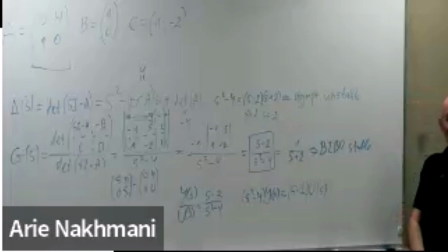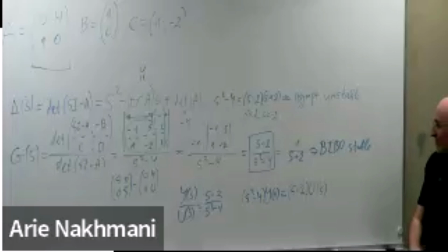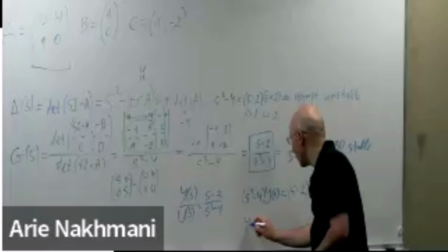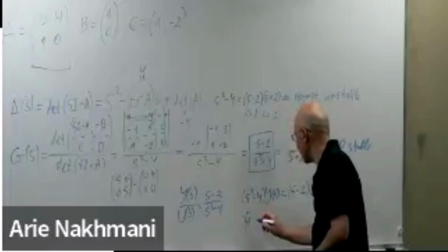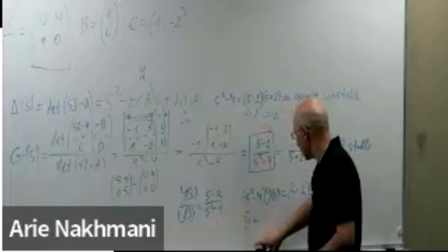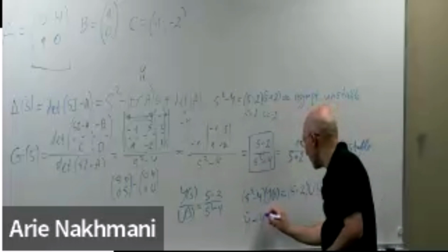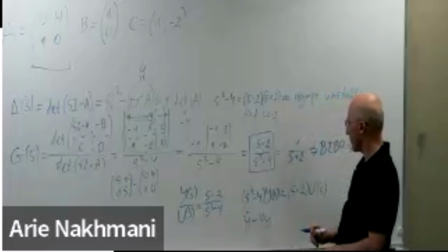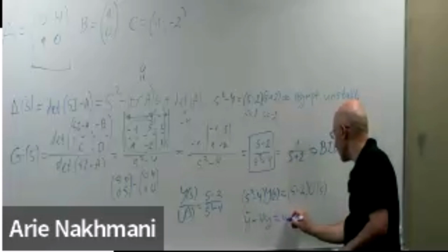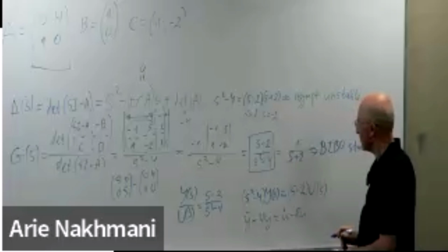And now you think about multiplication by s as the operator of derivative. S squared is like the second derivative. S to the first degree is like the first derivative. That's all you need. So it's y double dot minus 4y equals u dot minus twice u. That's your differential equation.